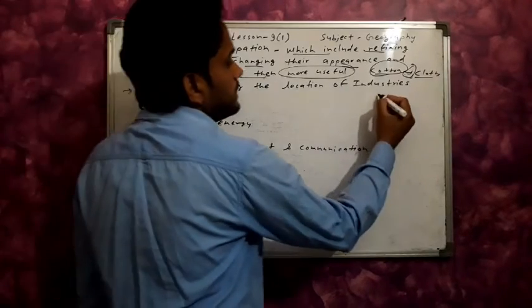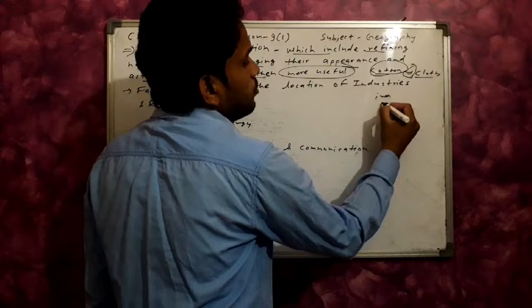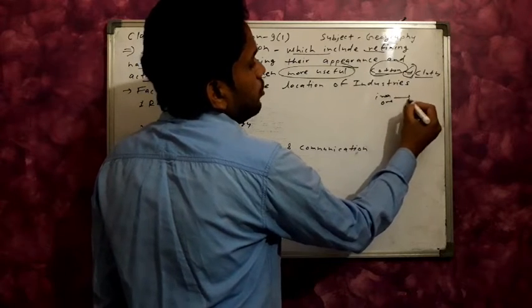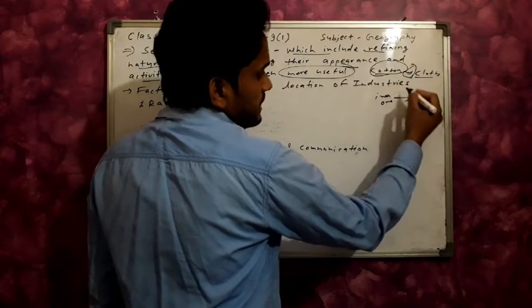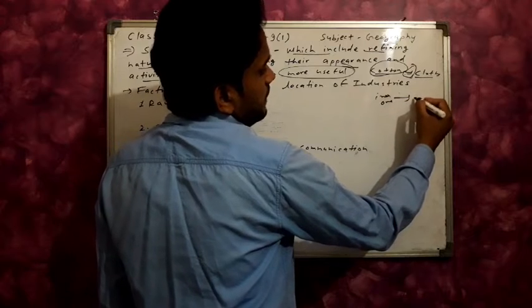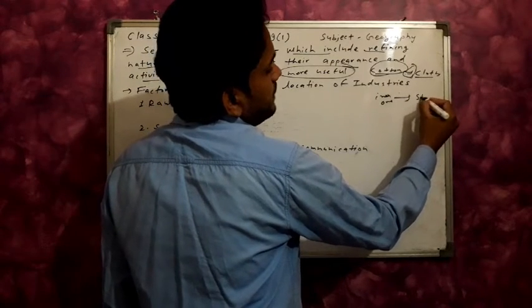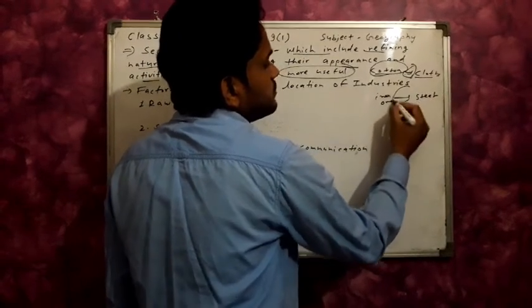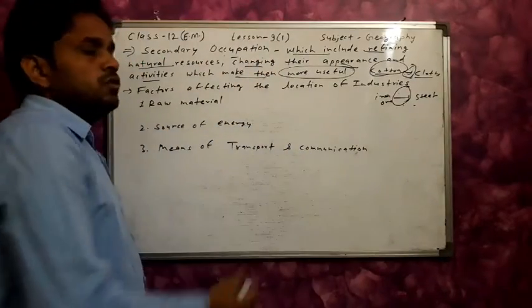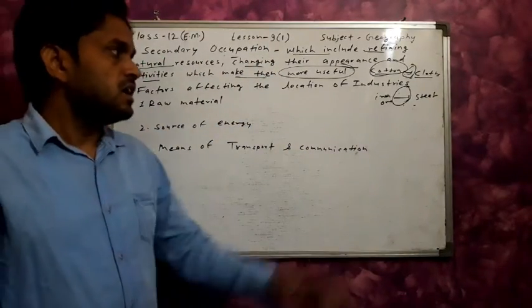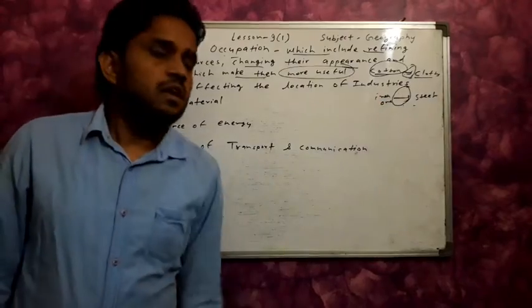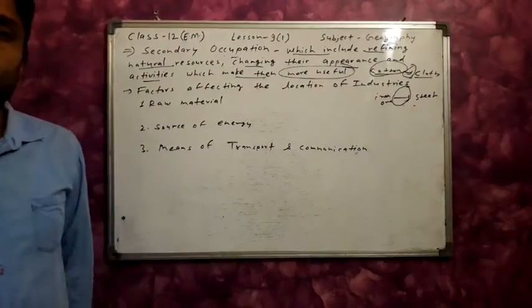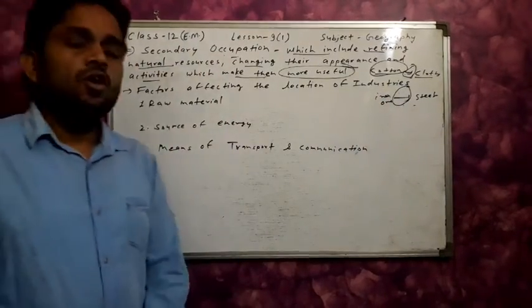Similarly, by the primary activities we get iron ore, and this iron ore is changed in industries into many useful things, like iron and steel. All these processes that change the iron ore into steel are known as the secondary occupation.